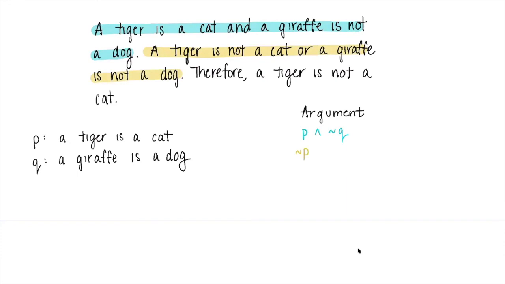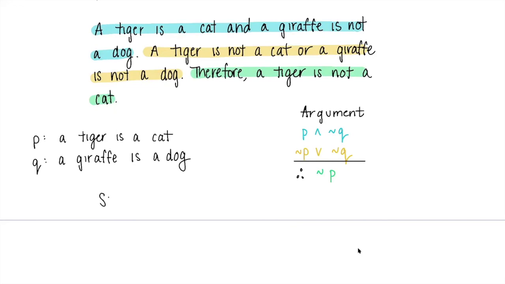So that's the opposite of statement P. We've got the or and the opposite of statement Q. Therefore tells us we're now talking about the conclusion. And the conclusion we make is a tiger is not a cat. So that is the opposite of statement P.